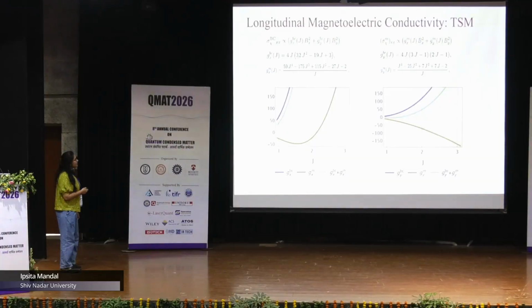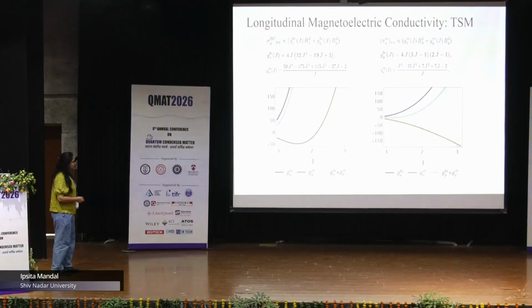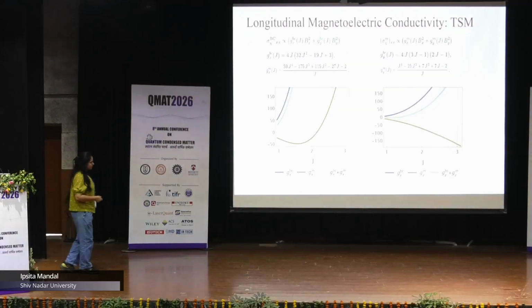So here is the BC only dependence on By square and Bx square. We have plotted these functions only with respect to J, and here the OMM only parts have been plotted, the coefficient of Bx square and By square, and we see that for J equal to 1, within this range the OMM reduces the response, but it enhances the response for J equal to 2 and J equal to 3.